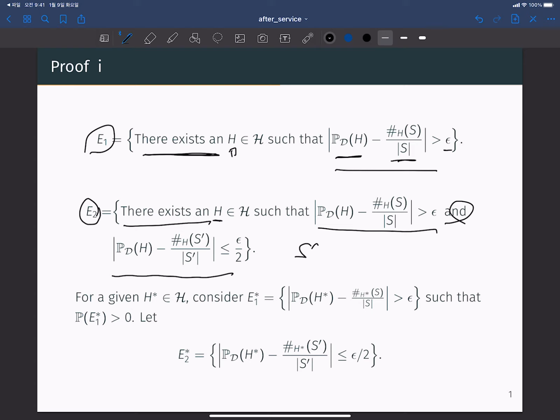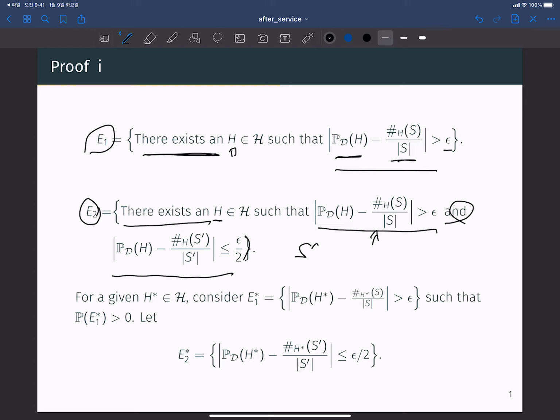So the meaning of E2 is there exists a hypothesis H such that the first training sample set has at least epsilon difference between training error and test error, and for the second half of the training samples, we have at most epsilon over 2 difference between training and test error.